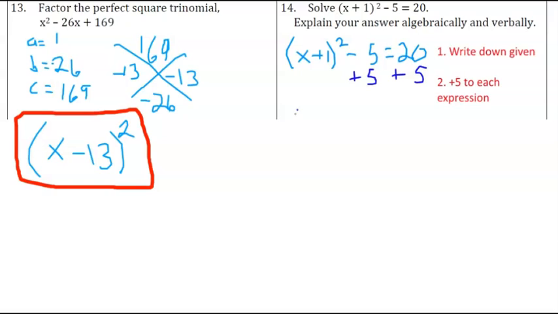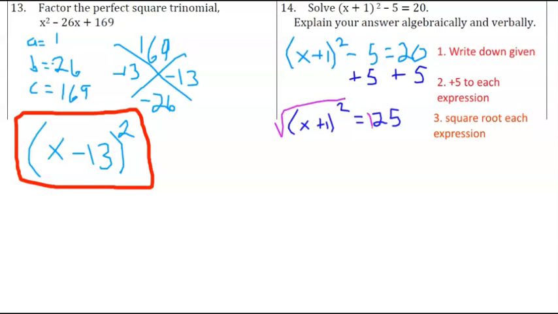And then rewrite it. We have x plus 1 squared equals 25. To get rid of a square, we have to take the square root of each side. Whenever we square root a constant, we put plus or minus in front of it.